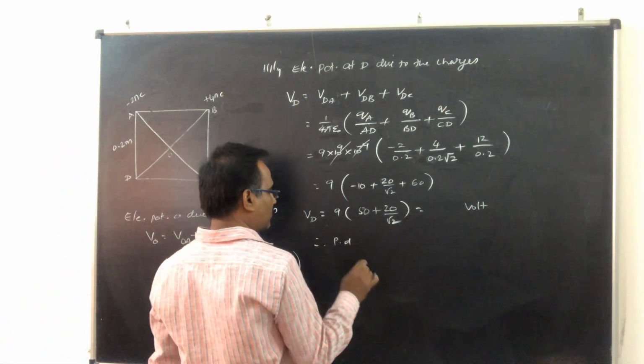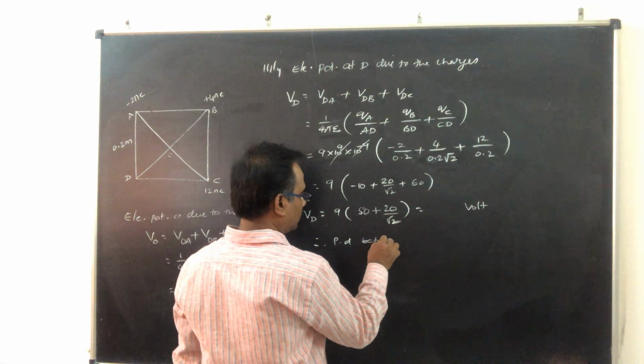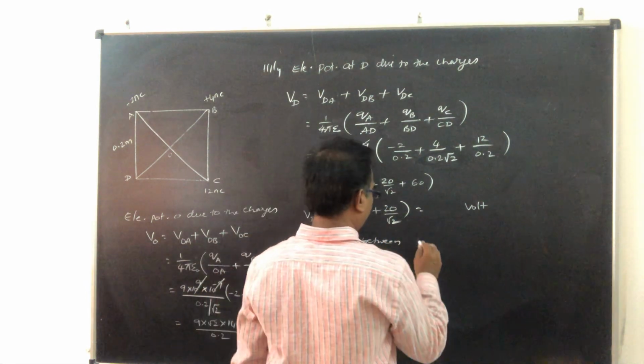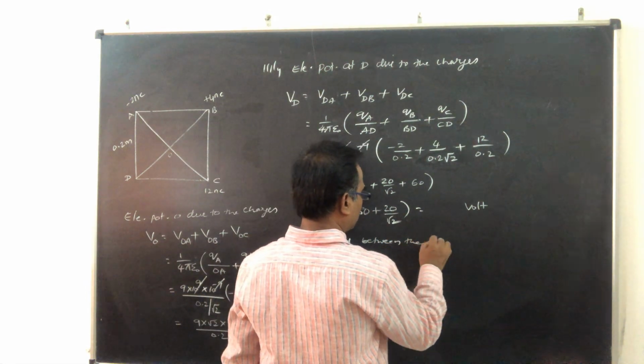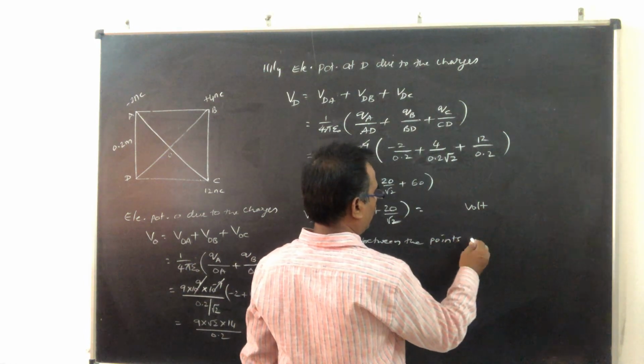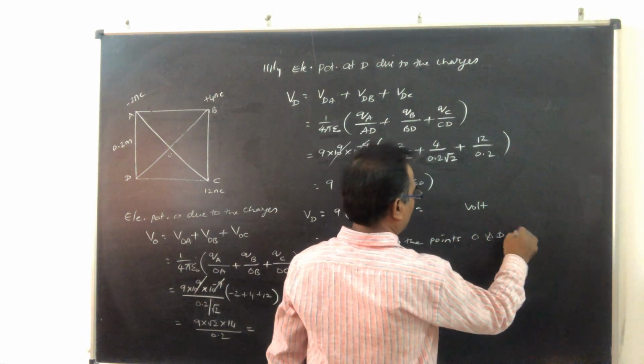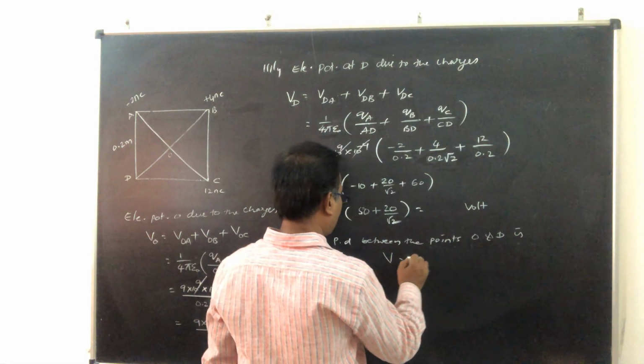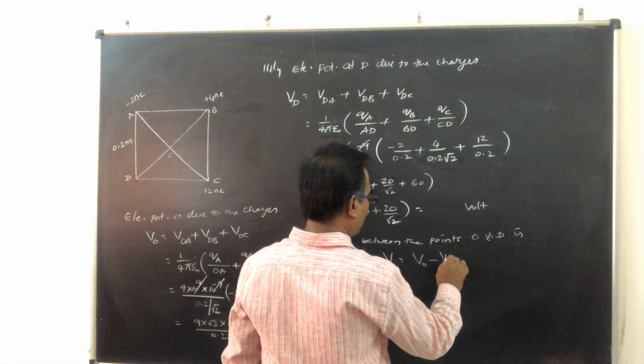Therefore, the potential difference between the points O and D is V equal to V0 minus Vd.